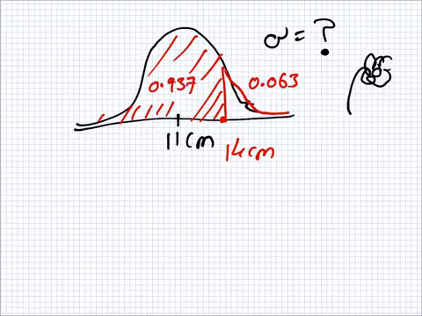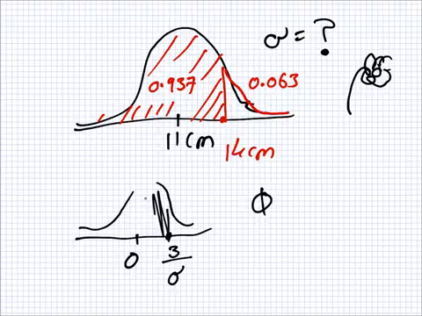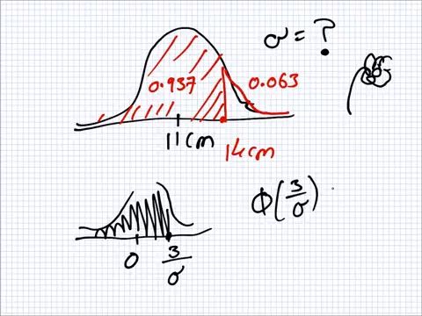0.937. So if you Z transform, this will be 0, and this point here will be 14 minus 11, which is 3, divided by sigma, which we don't know. But we do know, if we look it up in the book, this here should equal 0.937.